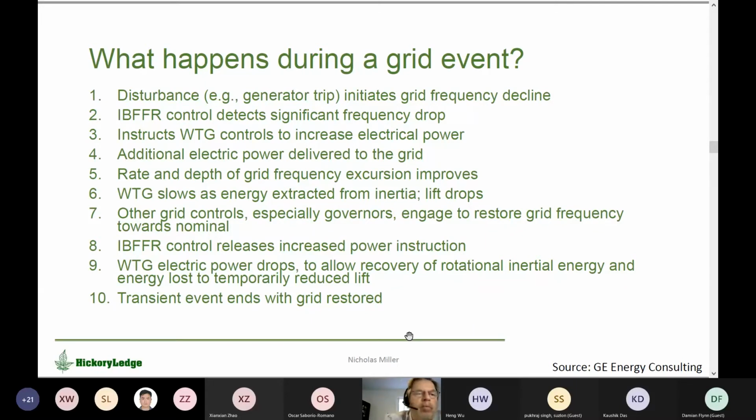Pukraj made a really important point, which I'm going to repeat here, and that is when you're measuring frequency, it takes a few cycles to make sure that it really is a frequency event. Remember, frequency is just the time rate of change of the angle. So, for example, if the angle takes a step over one cycle because of a switching operation, a step translates into possibly a massive off-the-scales frequency change.